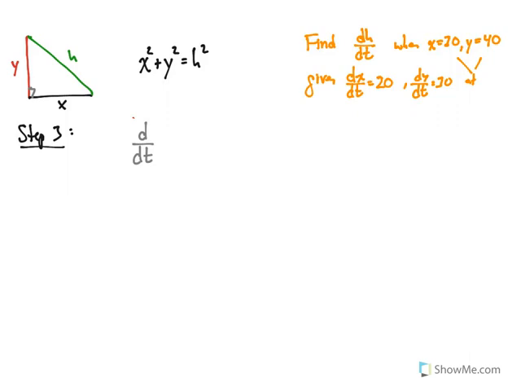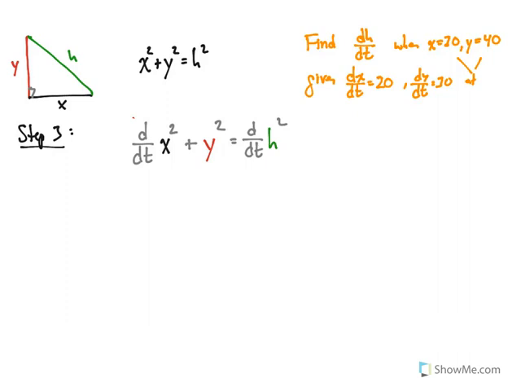So we're going to do the derivative of x squared plus the derivative of y squared equals the derivative of the other side, derivative of h squared. And each of those we have to do implicitly. The derivative of x squared is not 2x.